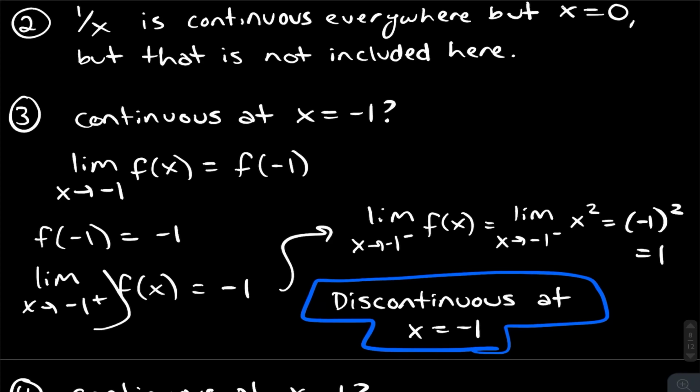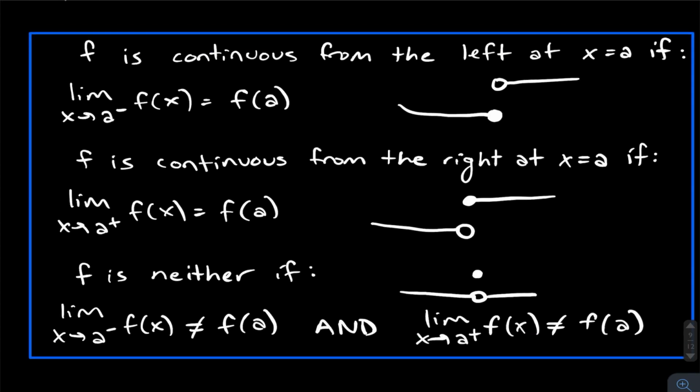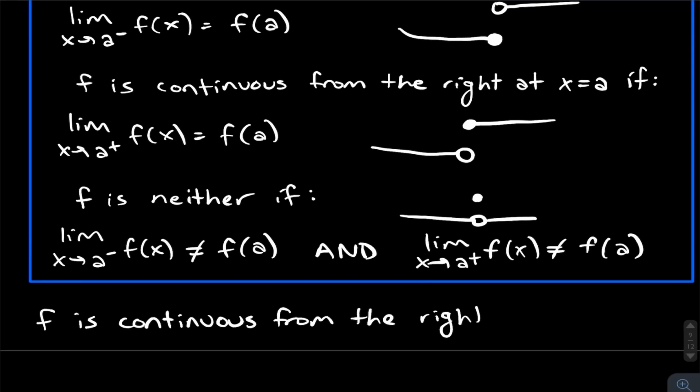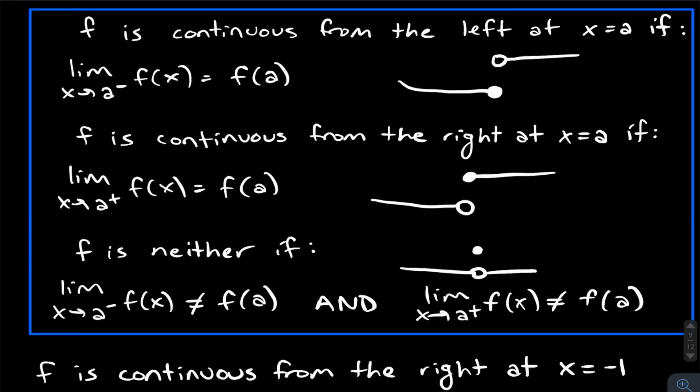And so from the right-hand side, we equaled the point, and that means we were continuous from the right, but we were not continuous from the left, and that's why this thing is not continuous overall. So here we are continuous from the right. So f is continuous from the right at x equals -1. And we can circle that.